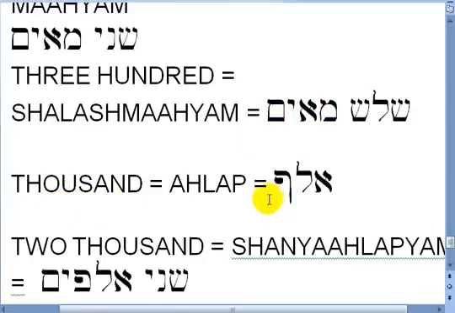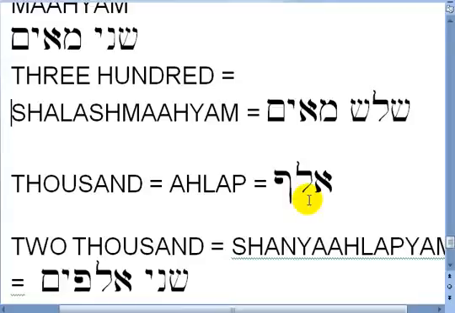1,000 is alap. That's when you get into 1,000. Now the word alap is also where you get the word cattle from, because in the scriptures, when you read about cattle, you never really counted the cattle exactly, like I got 975 cattle. No, if you had about 800 or 900 cattle, you figure that's about 1,000.